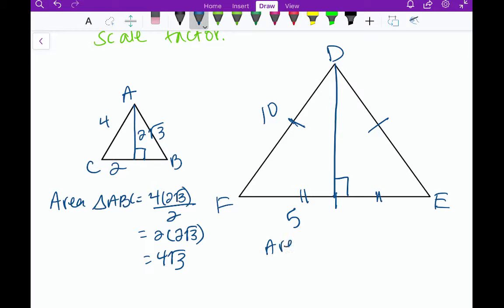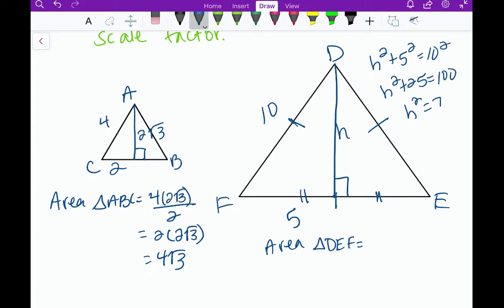When we look at the area of triangle DEF, we need to find the height of this first. So I'll call this h. So h squared plus 5 squared equals 10 squared. h squared plus 25 equals 100. And so h squared equals 75.